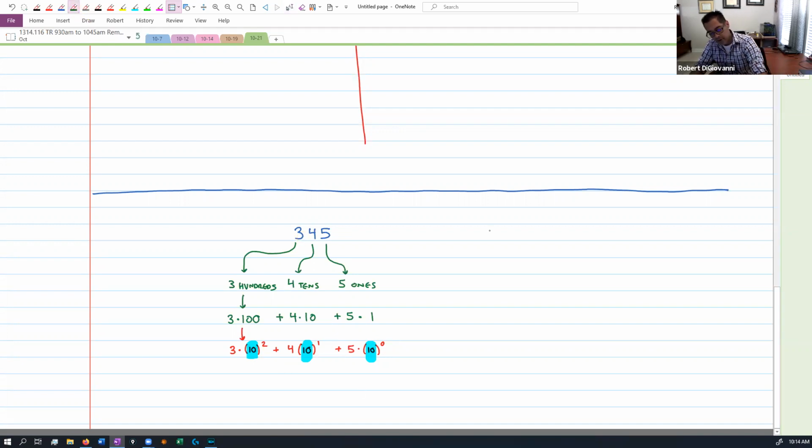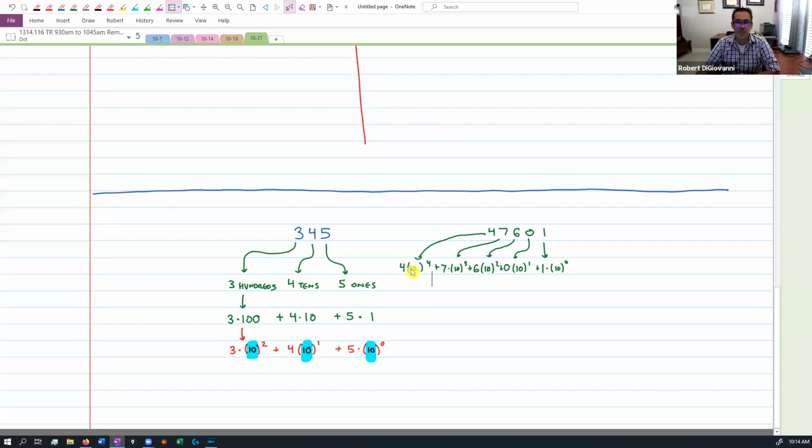So if I have the number 47601, this means I have 1 10 to the 0, then no 10 to the 1s, then 6 10 squareds, then 7 10 cubes, and then 4 10 to the 4ths. Does that make sense to you?